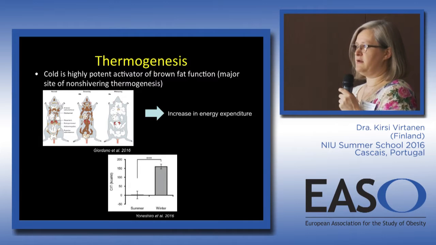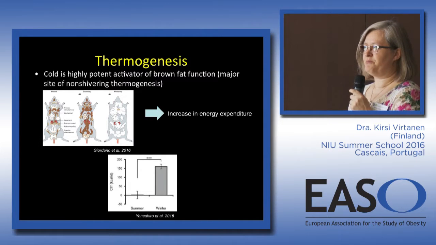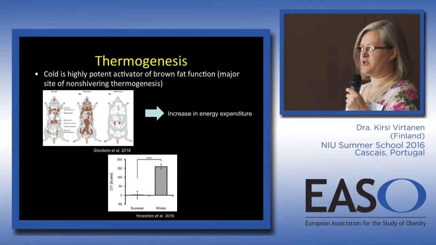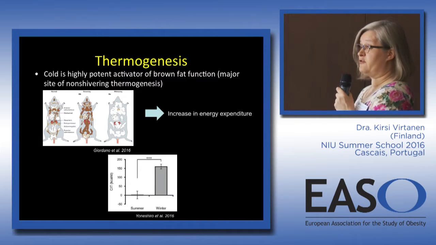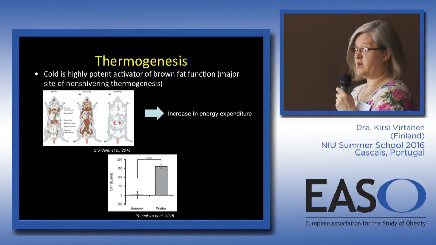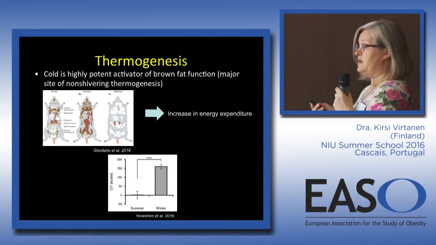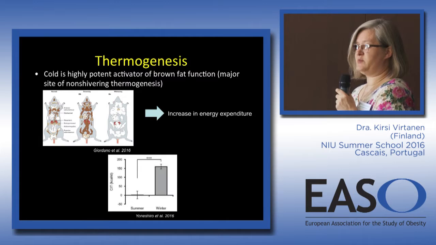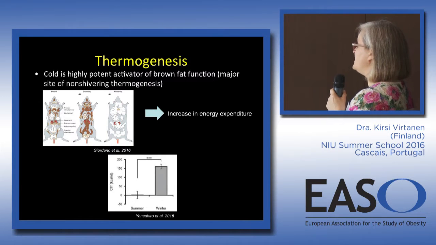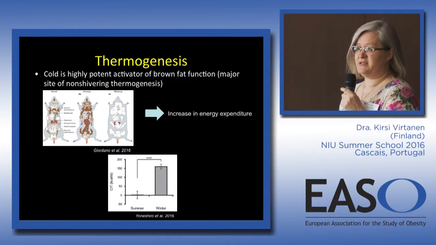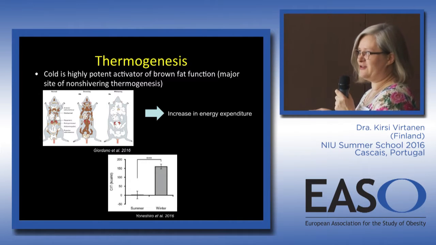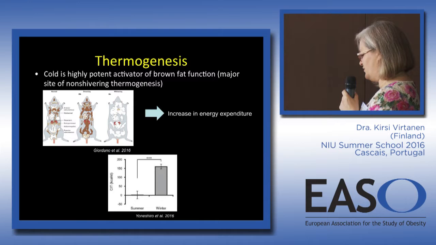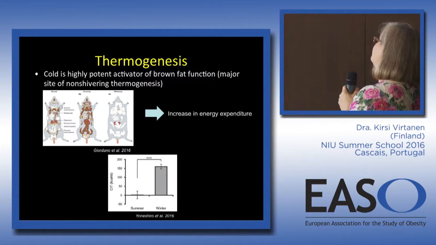In PET-positive subjects, this means approximately 200 calories per day. That's quite a lot. But in persons who don't have any obvious or detectable brown fat, the increase in winter is approximately 20 calories per day. That's not much either, but I'll come back to that a bit later.